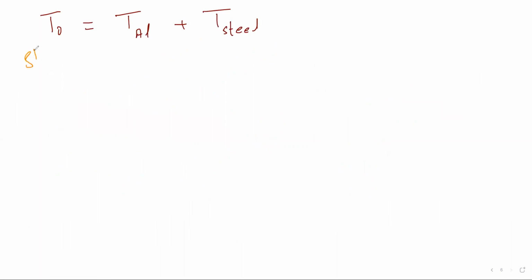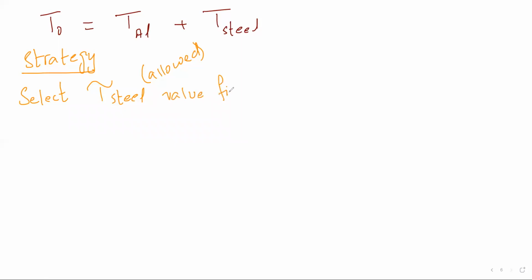Strategy is: select, let's say, the tau steel allowed value first, and find the T steel, as well as T aluminium and T naught.